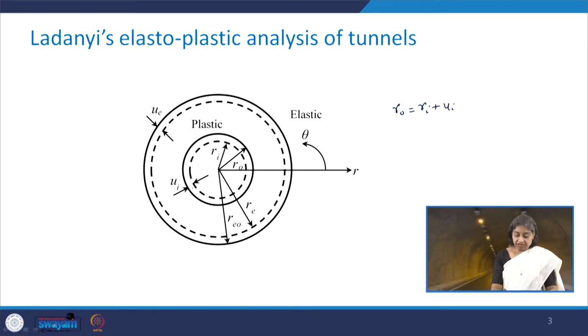Ui was the radial displacement of the tunnel periphery, and similarly for the elastoplastic boundary, we have Reo is equal to Re plus Ue. This is how we carried out the analysis of deformation. Now, today we will focus on the support systems.